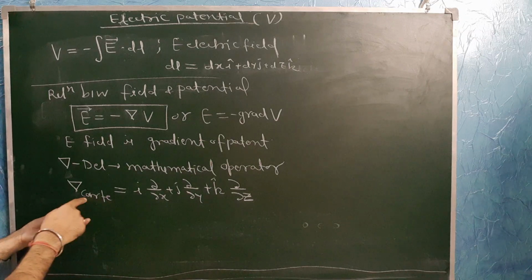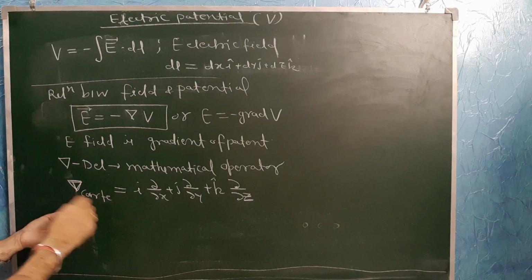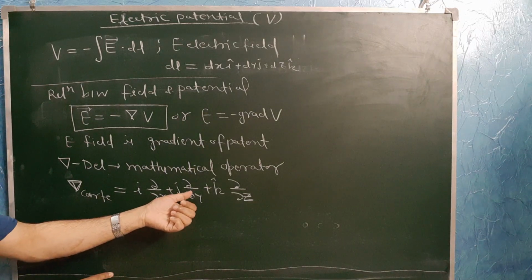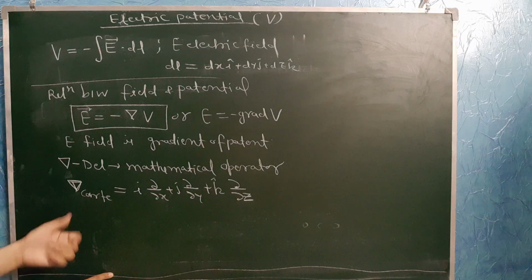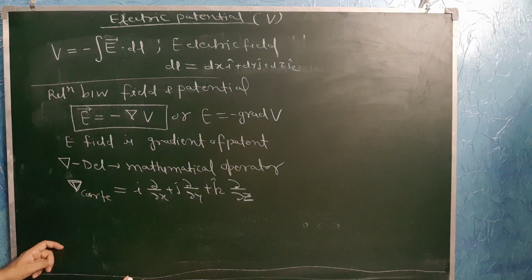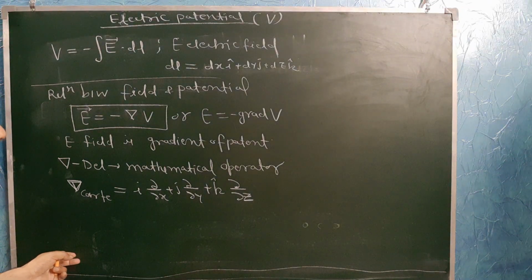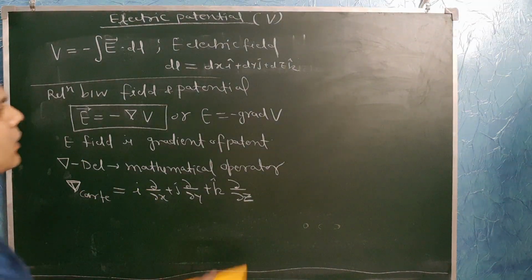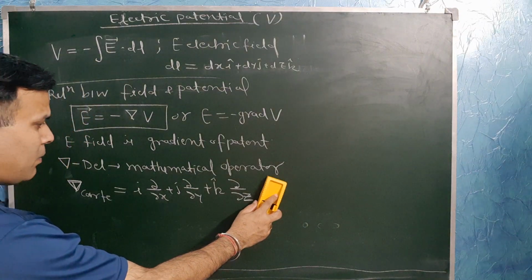So in the Cartesian coordinate system, this mathematical operator del is expressed as i del by del x plus j del by del y plus k del by del z. We have different profiles in spherical and cylindrical coordinate systems. So this is the way to define the electric field, which is the negative gradient of potential.